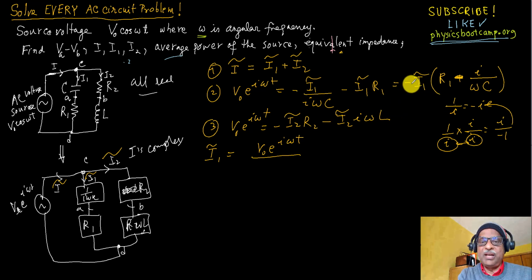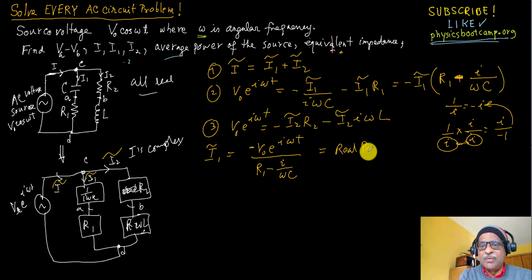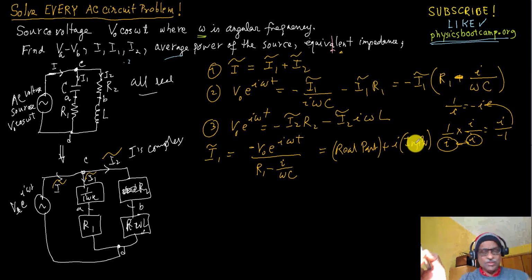So this is a minus, then R1 minus i over omega C. It's pretty complex, so I need to be able to write it as some real part plus i times the imaginary part. I need to convert this into that with the tricks we just learned, and we're going to do something pretty soon.